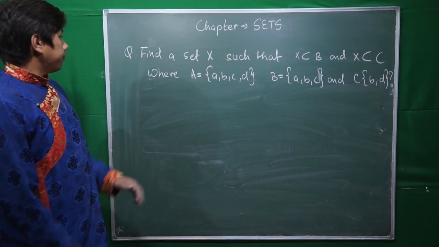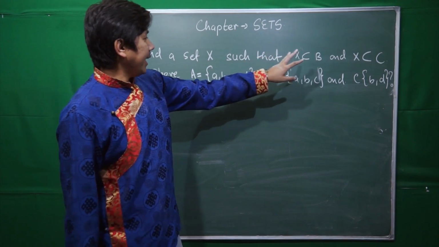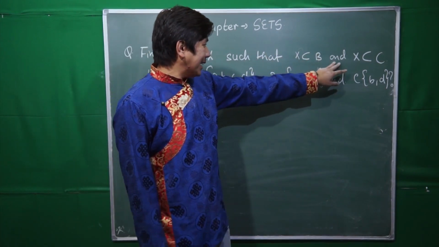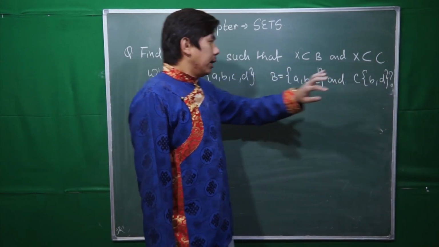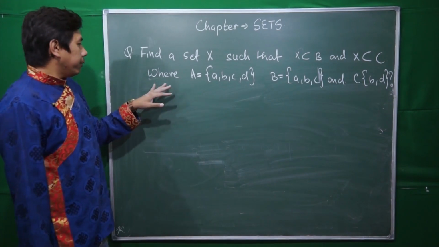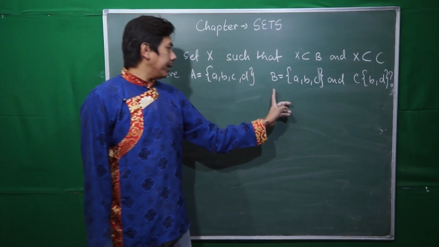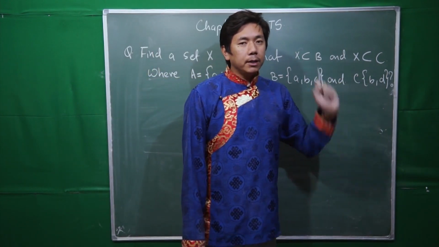The question is, you have to find a set X such that the set X is a proper subset of B and X is a proper subset of C. Now we have certain values given where set A is {a, b, c, d}, set B is {a, b, c}, and set C is {b, d}.